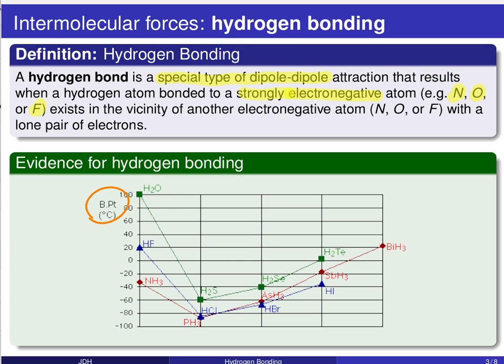Okay, and so there's a couple trends here that I really want to draw your attention to in this figure. First off, I'm going to highlight these strongly electronegative elements that we referenced in our definition of a hydrogen bond: oxygen, fluorine, nitrogen.